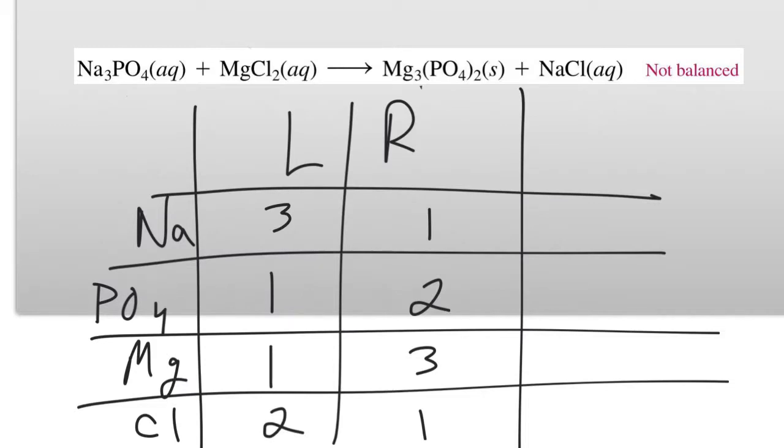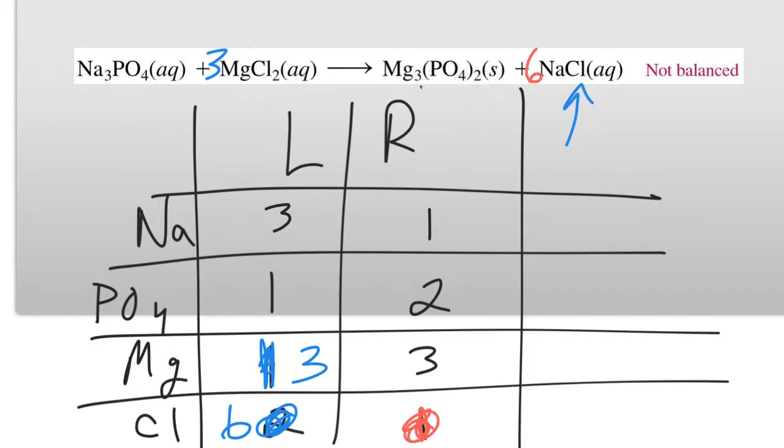So try to get the magnesium and the chlorines to be the same, or to be equal on each side first. I've got 3 magnesiums, and so I would put a 3 in front right there. That makes that magnesium 3. It makes the chlorine 6. And now our magnesiums are balanced, and we can balance the chlorine right there by putting a 6 out in front of sodium chloride.